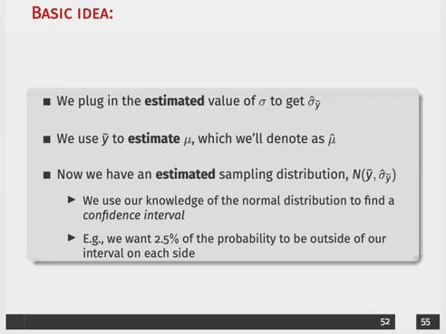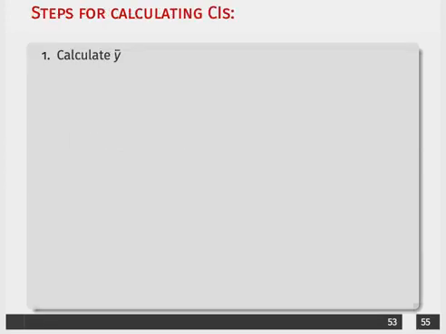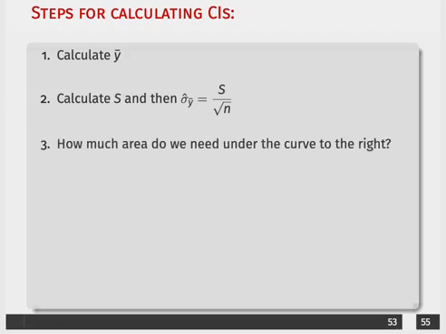So we want to know what the 2.5 percentile is at the bottom and at the top. We want to know the probability of being outside of that interval on the top and the bottom. To do this, we're first going to calculate y bar. Then we need to calculate the sample standard deviation so we can get sigma hat.